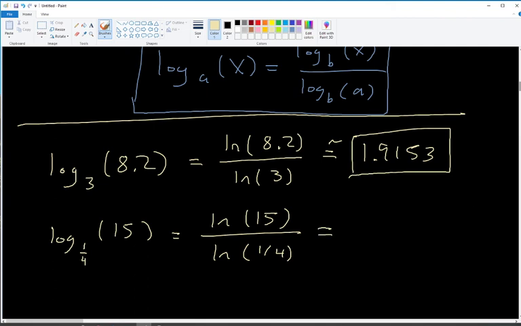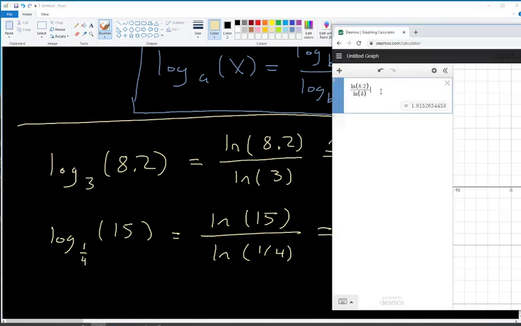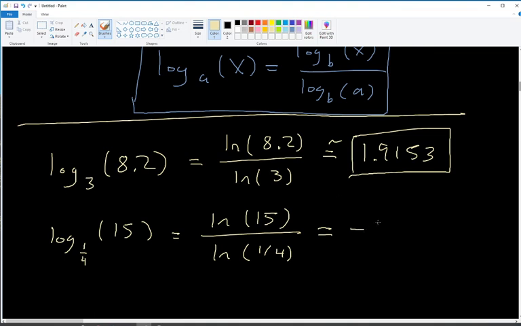Now I can type it in my calculator, and basically I get natural log of 15 divided by natural log of 1 divided by 4. And that'll be negative 1.9534.